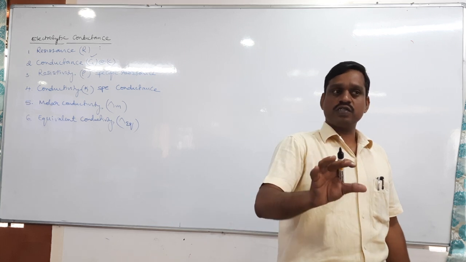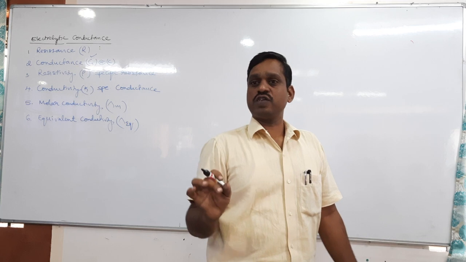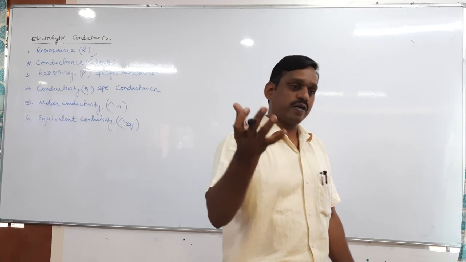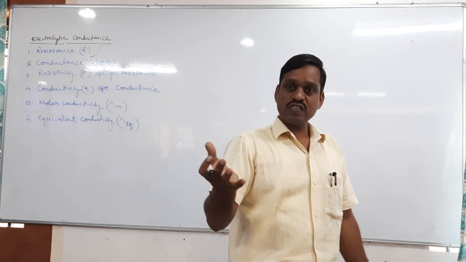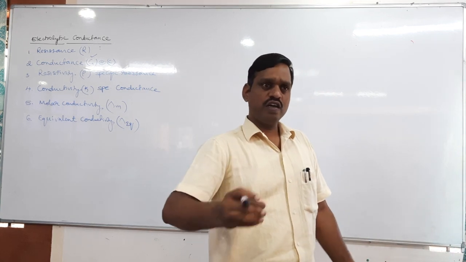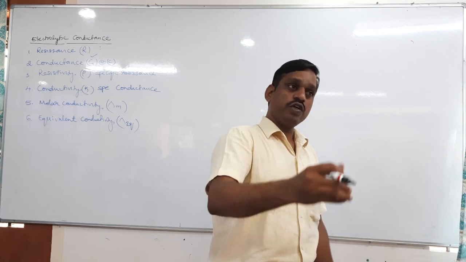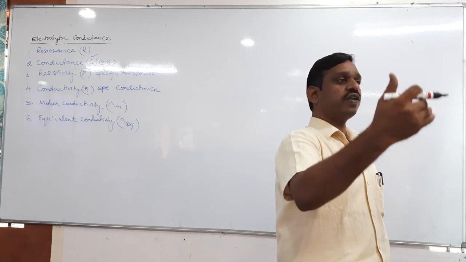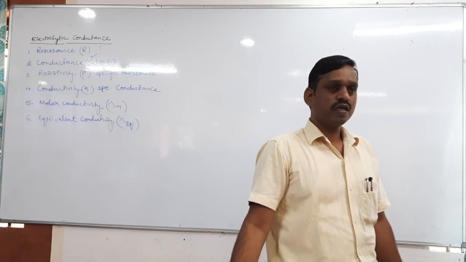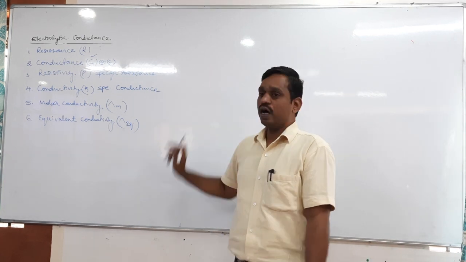If any conductor does not have resistance, it is called a superconductor. If the resistance of a conductor is 0, it becomes a superconductor. Therefore, the internal property of the conductor which opposes the flow of electric current is called resistance, denoted by R.